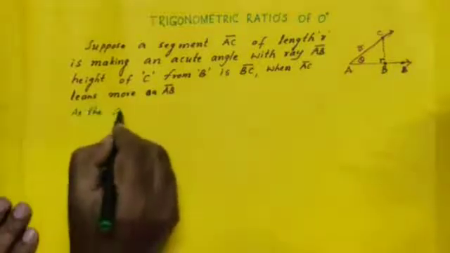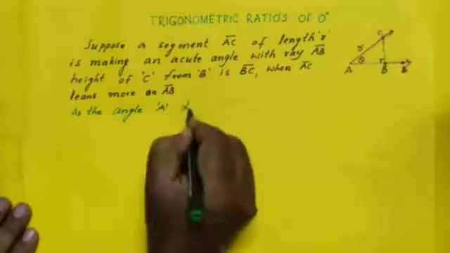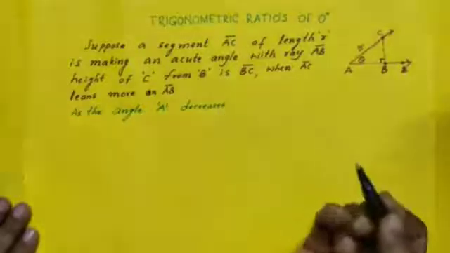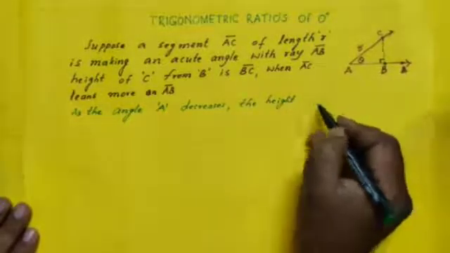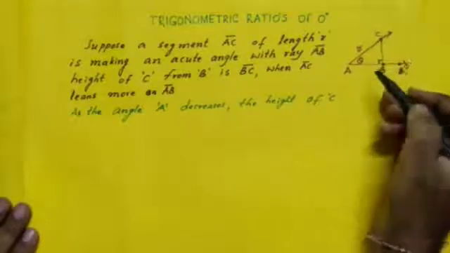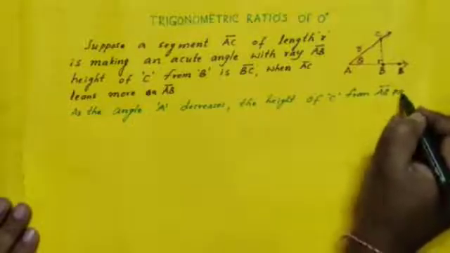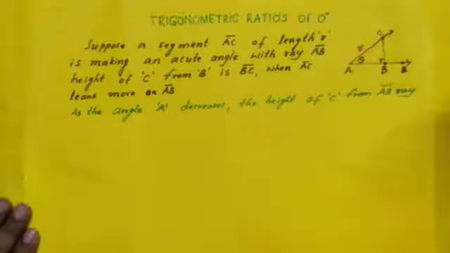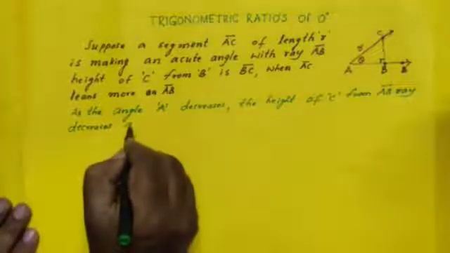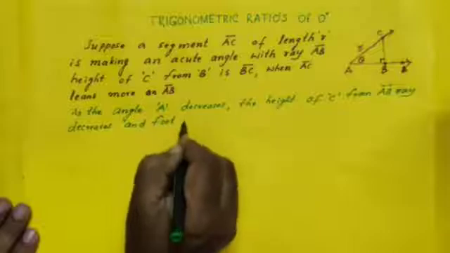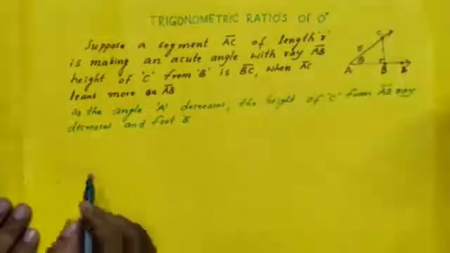As this angle A decreases, the height of C from the ray AB decreases, and the foot B gradually shifts forward.